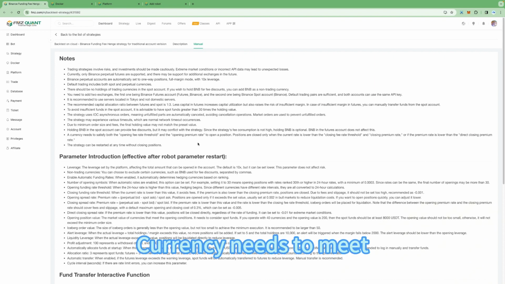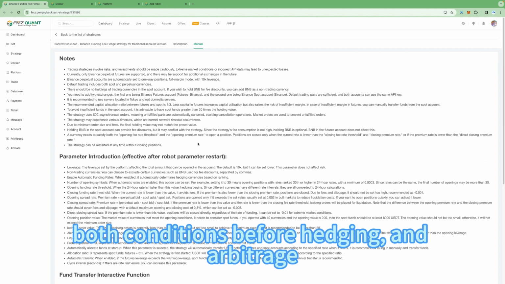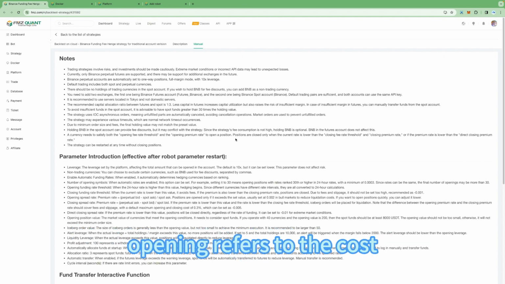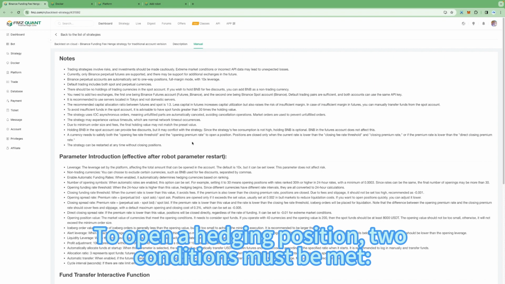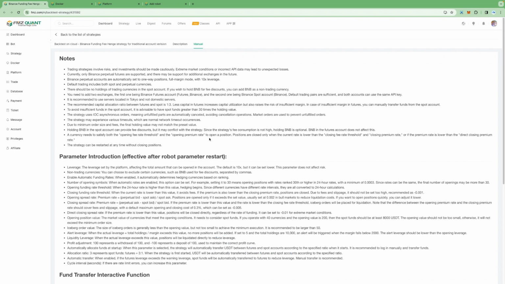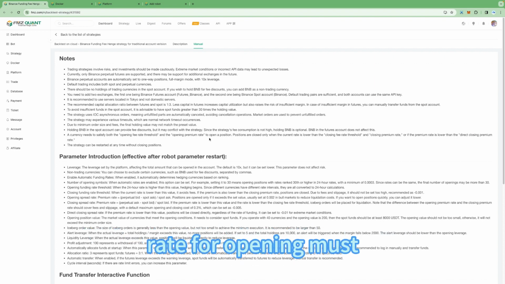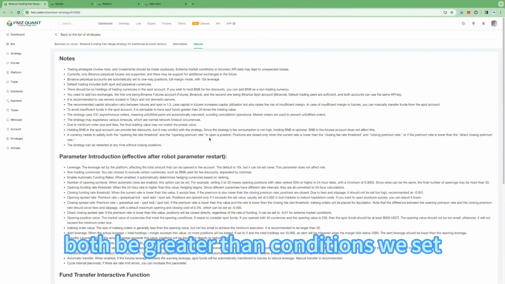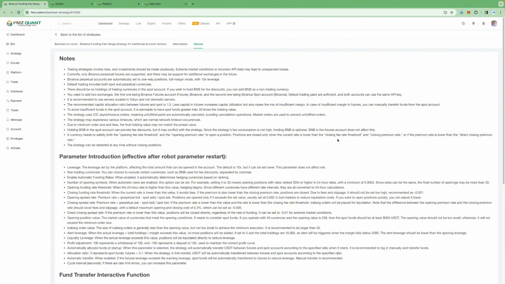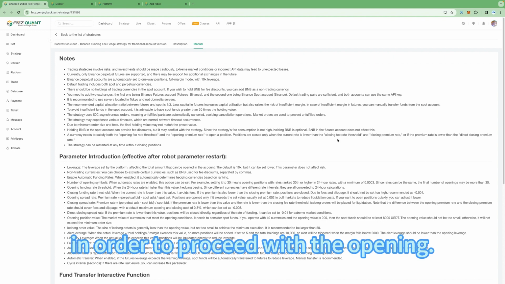Currency needs to meet both conditions before hedging, and arbitrage opening refers to the cost of arbitrage funds. To open a hedging position, two conditions must be met. The rate threshold for opening and the premium rate for opening must both be greater than the conditions we set in order to proceed with the opening.